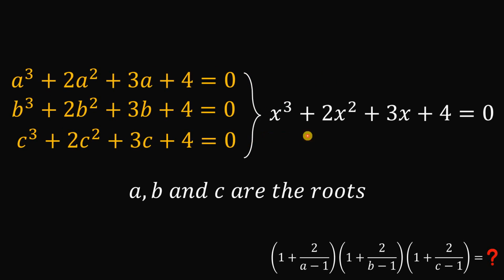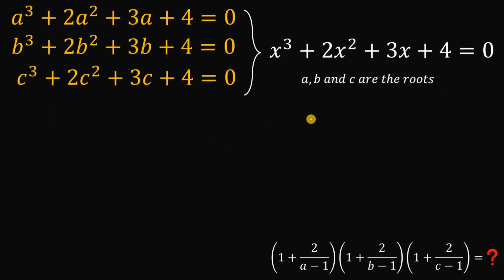So this is the cubic equation with the roots A, B, and C, because if we replace x with A, this is equal to 0. If we replace x with B, this is also equal to 0. And that's also true if we replace x with C. So, given this information, we can now answer this question.